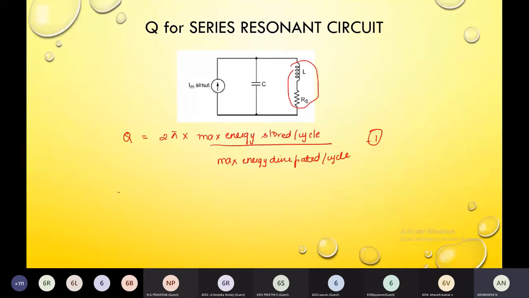So maximum energy stored in an inductor. Can anyone say? Maximum energy stored in an inductor. What is the formula?